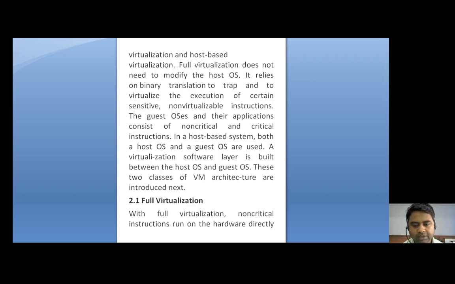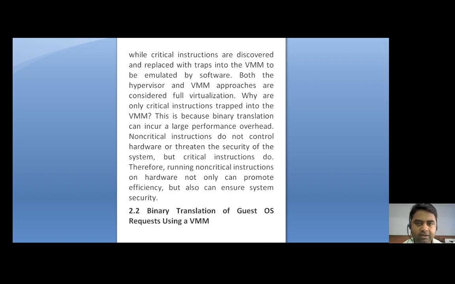With full virtualization, non-critical instructions run on the hardware directly, while critical instructions are discovered and replaced with traps into the virtual machine monitor to be evaluated by software. Both the hypervisor and virtual machine approaches are considered full virtualization, while only critical instructions are trapped into the virtual machine monitor.